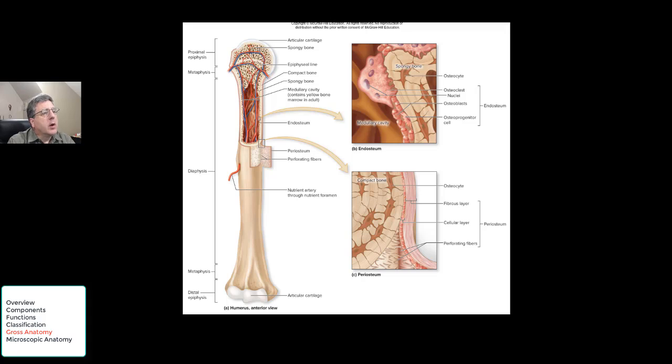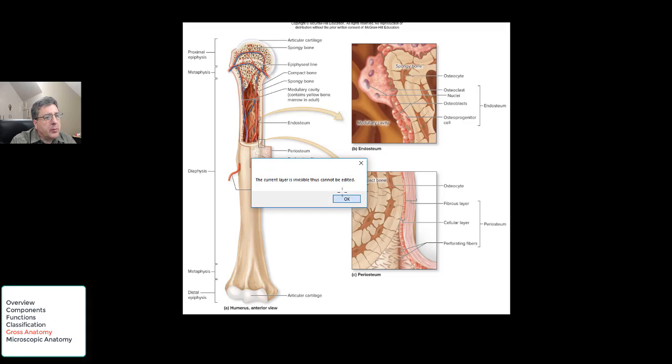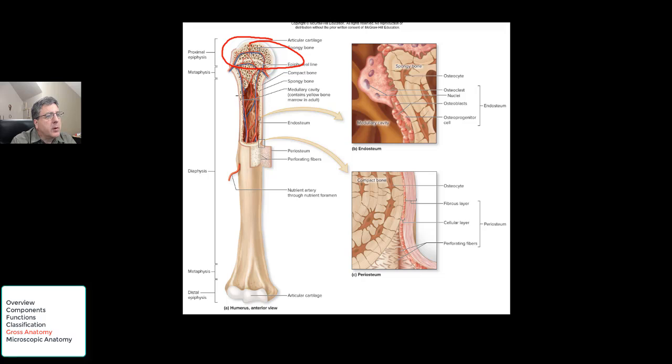Okay, so here we just have a different vantage point of a long bone. Here we're going to have your proximal epiphysis. We're going to have the diaphysis in the center, distal epiphysis down here.